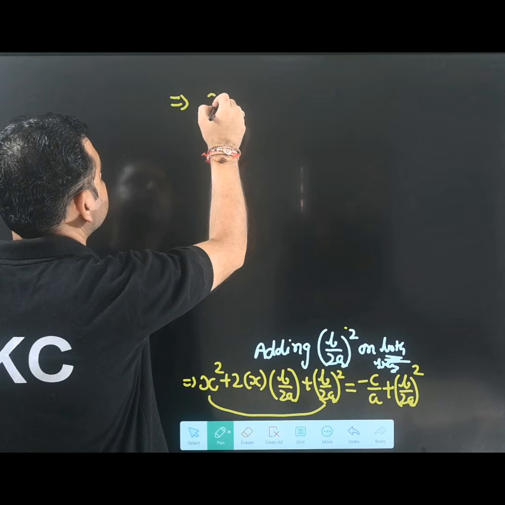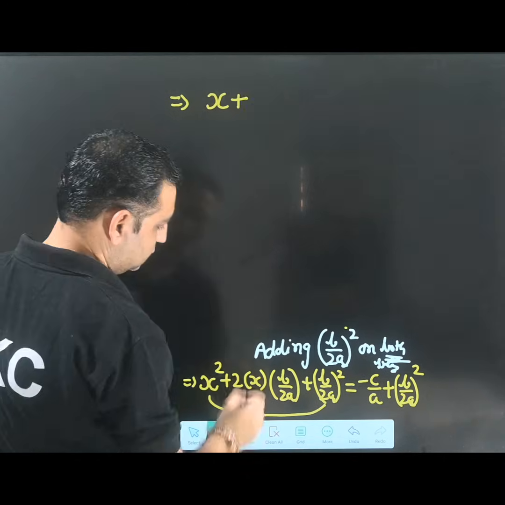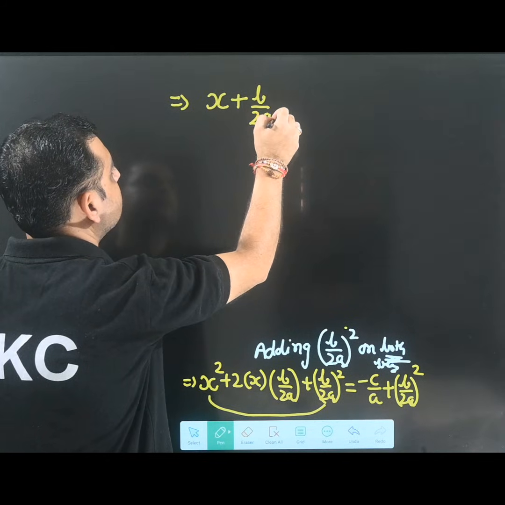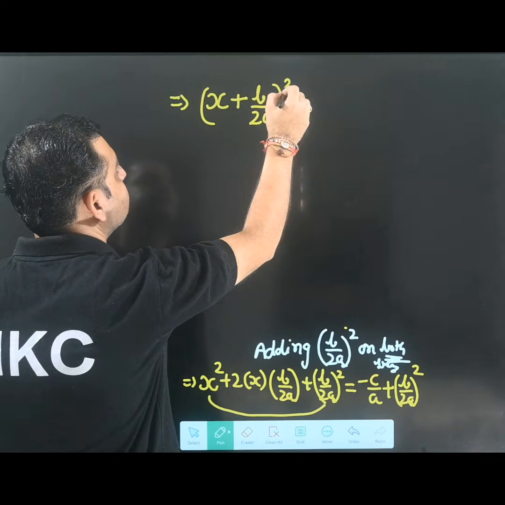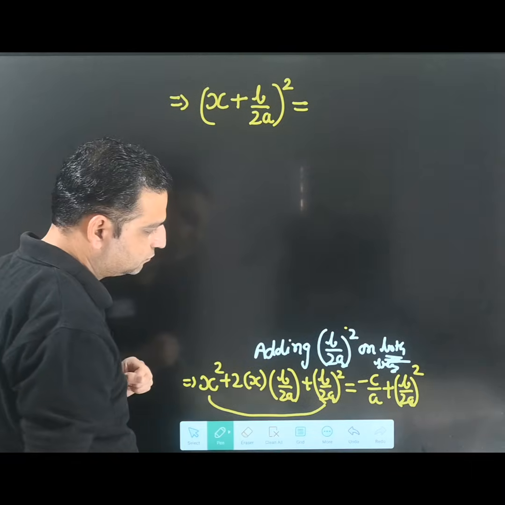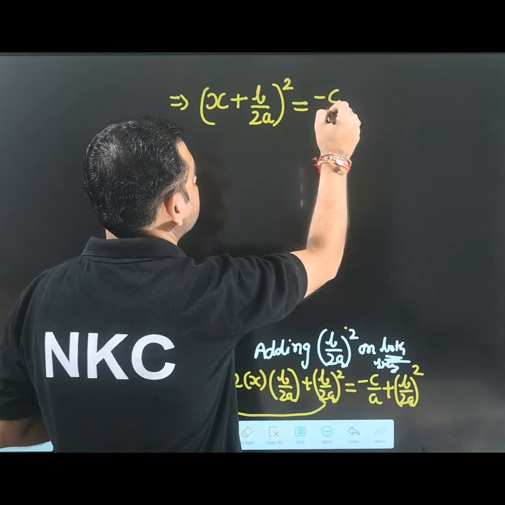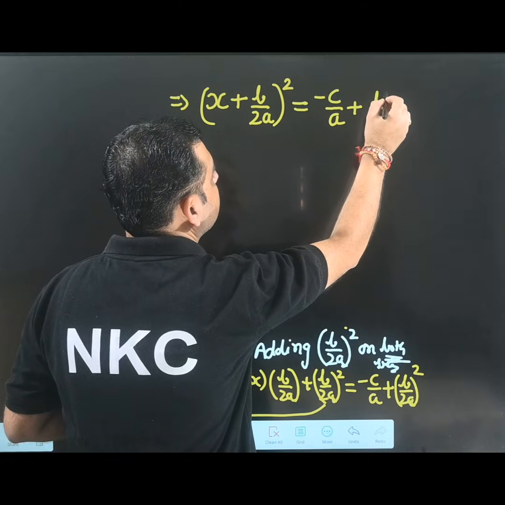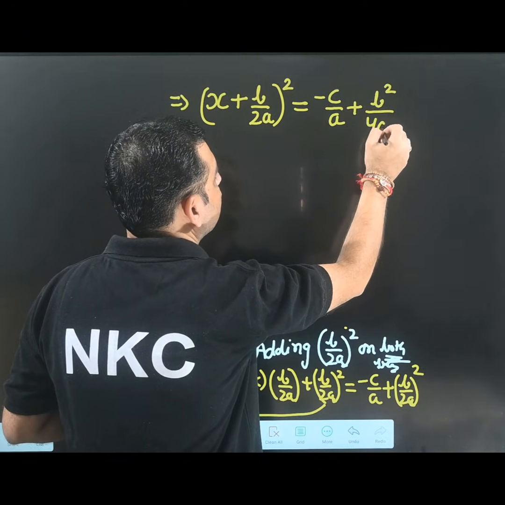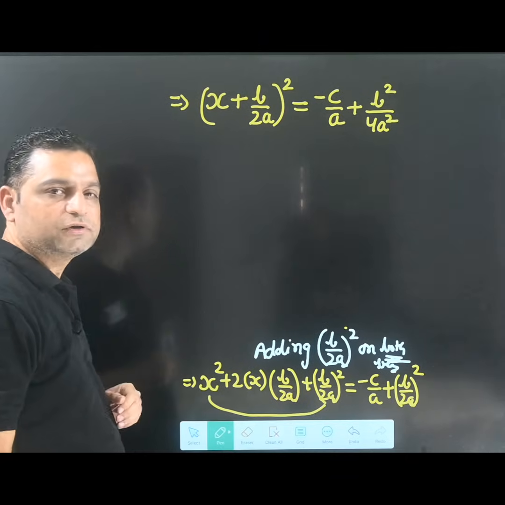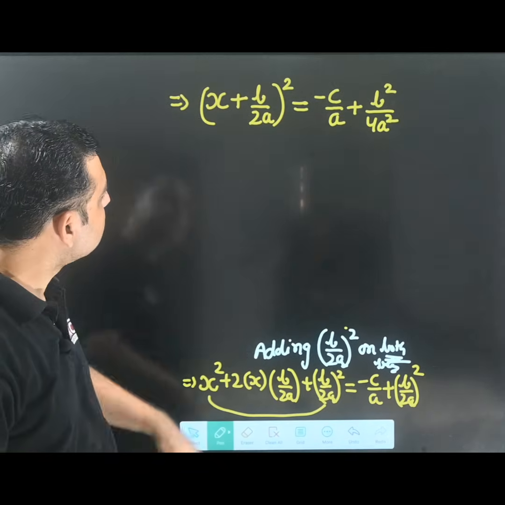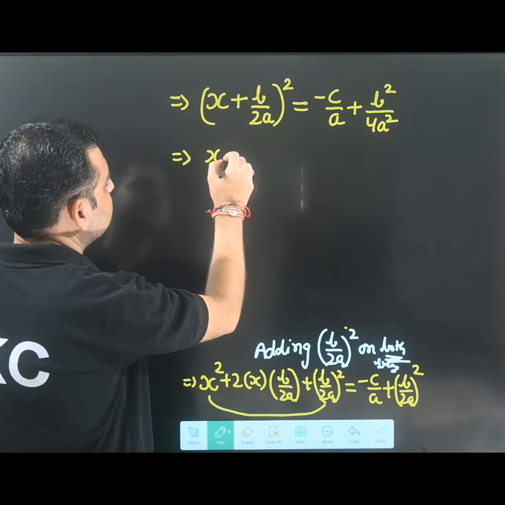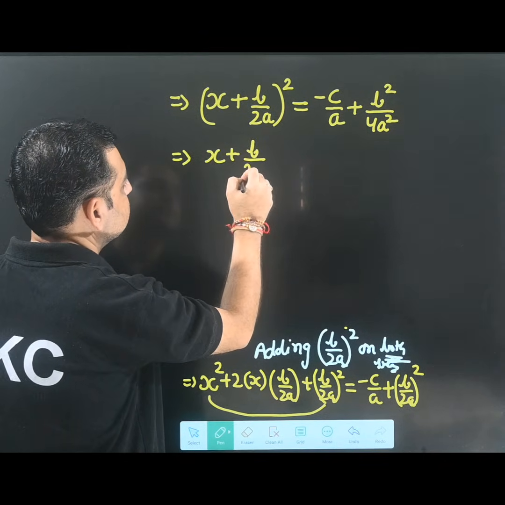We can write it as a plus b whole square equal to, we are having minus c upon a, then plus b square upon 4a square. This is what we are having. Let me keep the left side as of now as it is. I'm not going to make any change here.